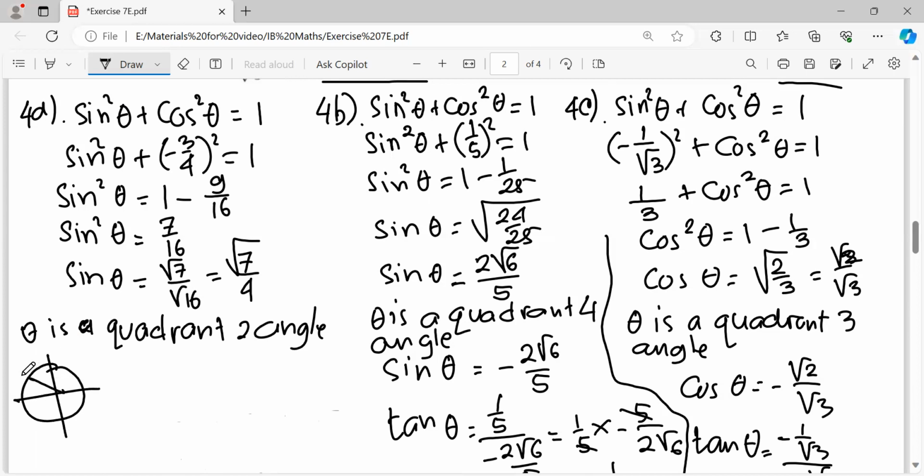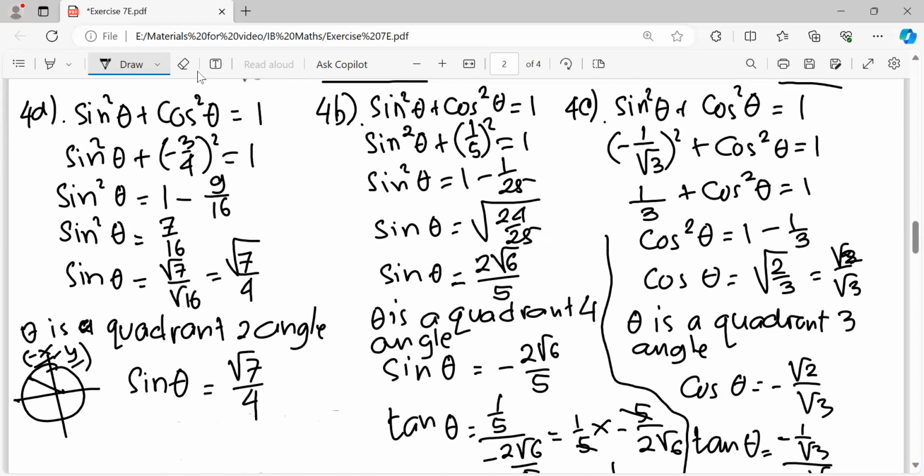On quadrant 2, the coordinate point is negative x, comma y. This is sine theta and this one is cosine theta. So cosine theta is negative while sine theta is positive. So sine theta equals positive square root 7 over 4.